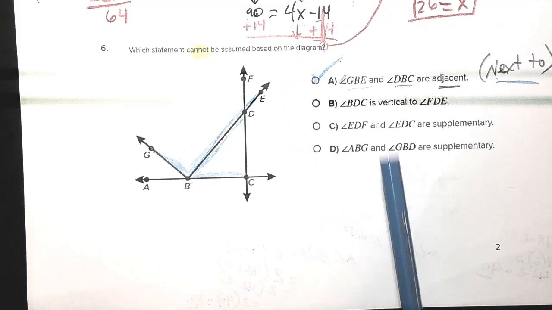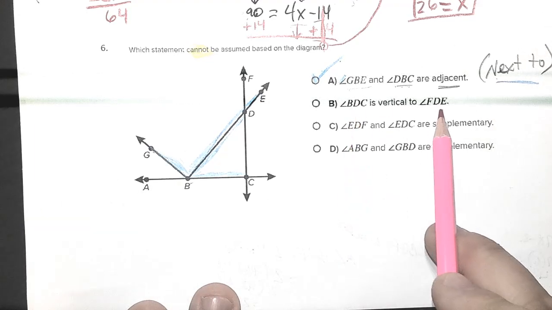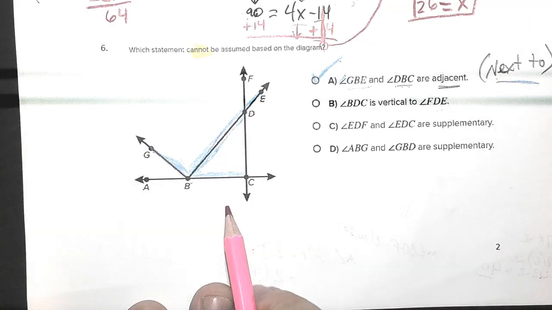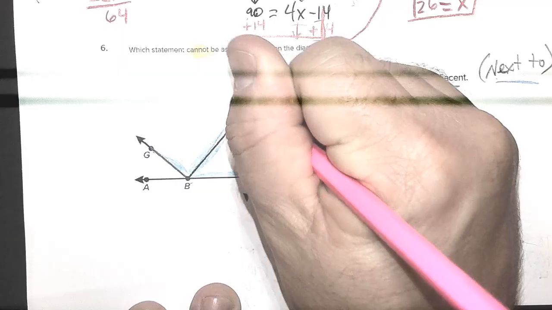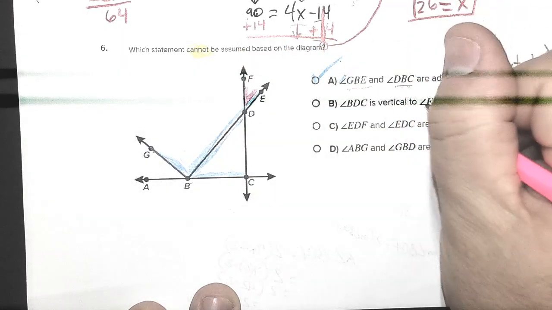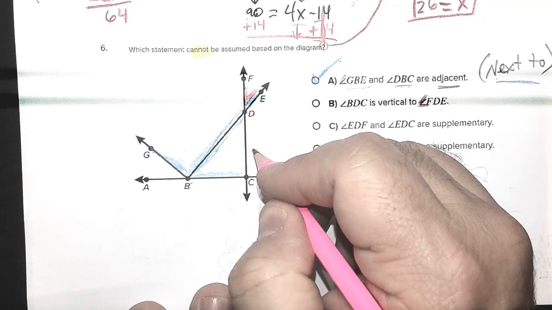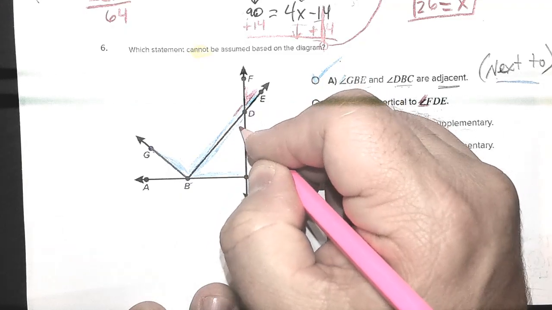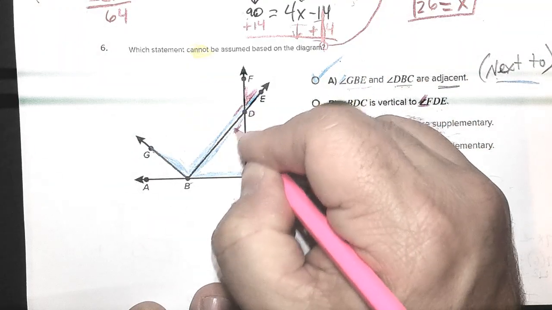All right, so next, find a different color. All right, so BDC and FDE. So again, D, so this is right here. FDE, this guy. And BDC, this side of the thing.